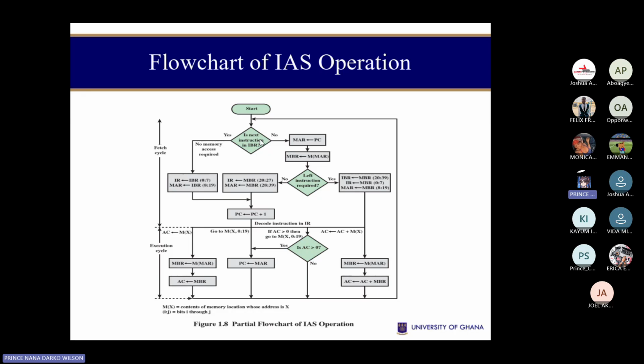However, if it has not, the program counter tells the memory address register to go to the next address. And when it reads the next address, the memory address register also tells the memory buffer register, which has the data, to bring the data to this particular address so that we can have it. And once we have the data, we are able to channel the data through the right places. And then finally, we will process it using the right instruction from the instruction register, and then we will feed it back to the user.